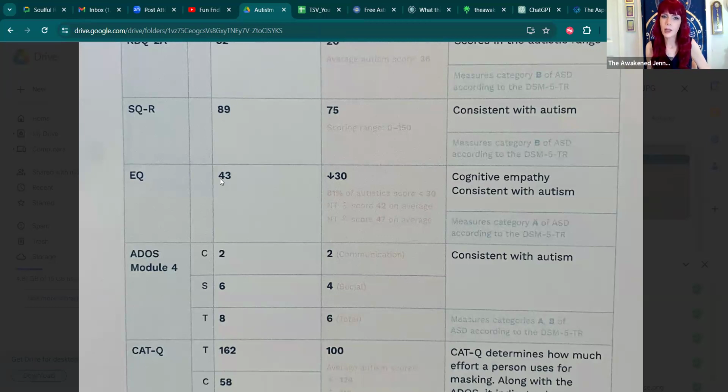Again, I think my score here is high compared to even neurotypical people because I do have high levels of emotional intelligence. All right, so the ADOS, where is that?